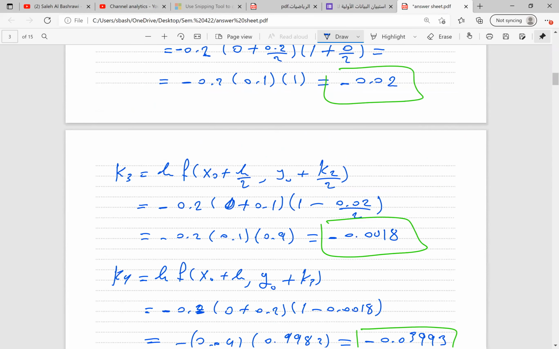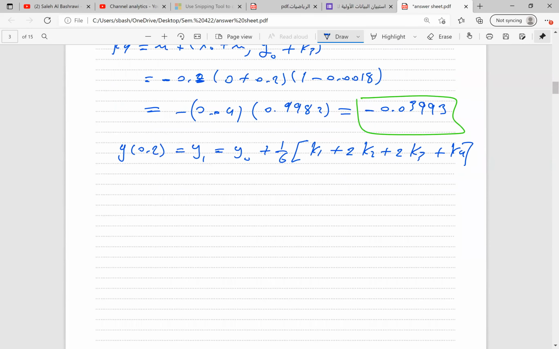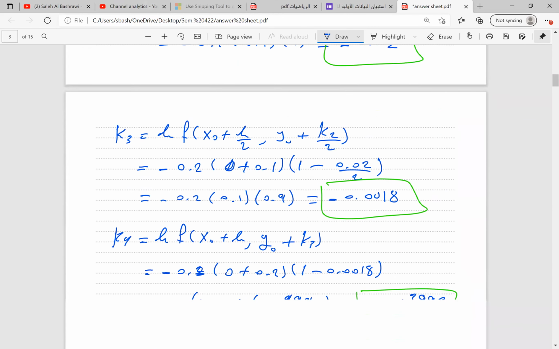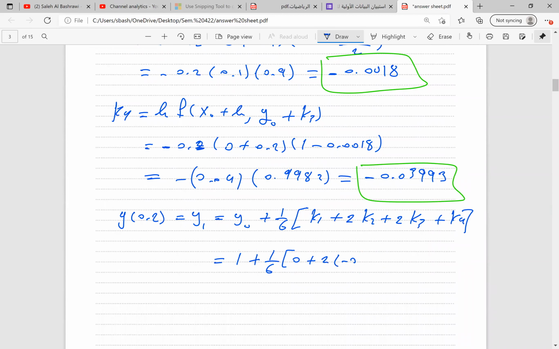Now just plug these values in to find y sub 1, which is equal to 1 plus 1 over 6 multiplied by the sum: 0 plus 2 multiplied by k2, where k2 was minus 0.02, plus 2 multiplied by k3, which is minus 0.0018, plus k4, which is minus 0.03993.